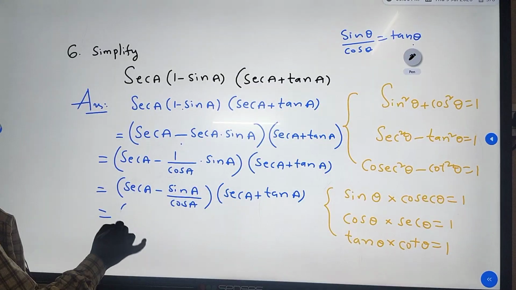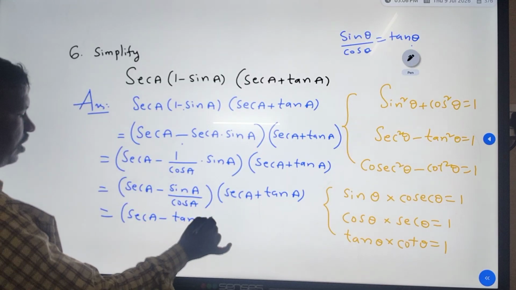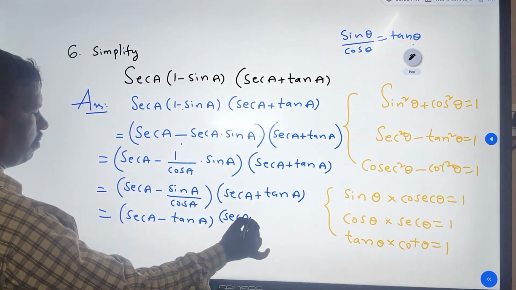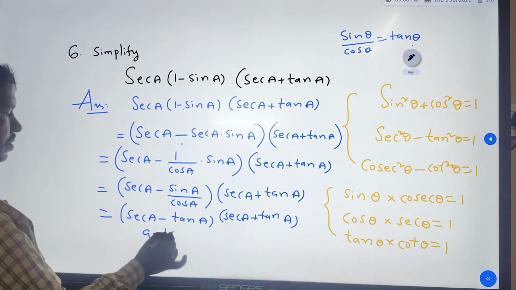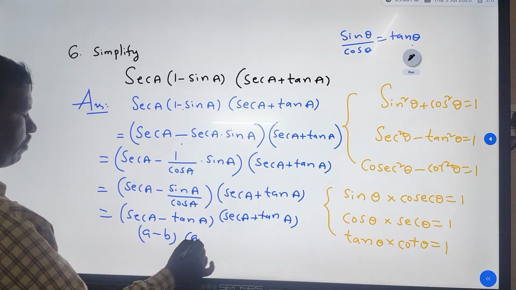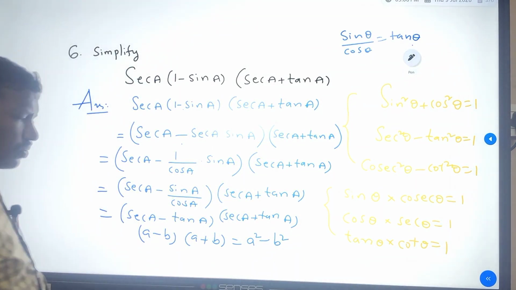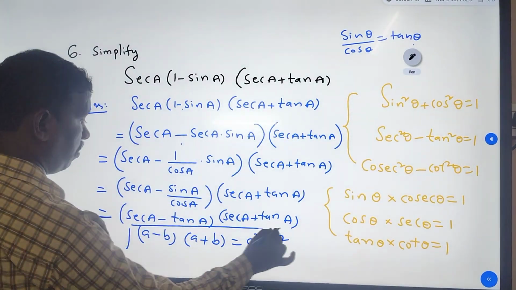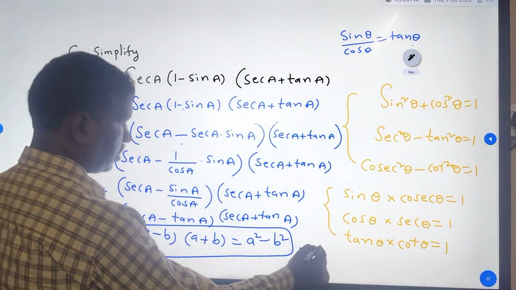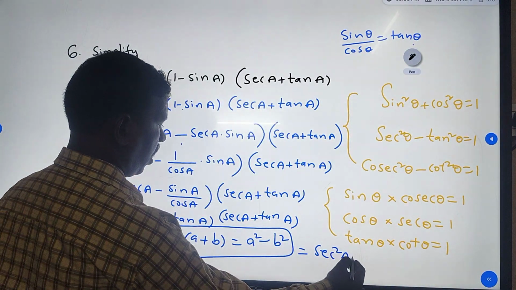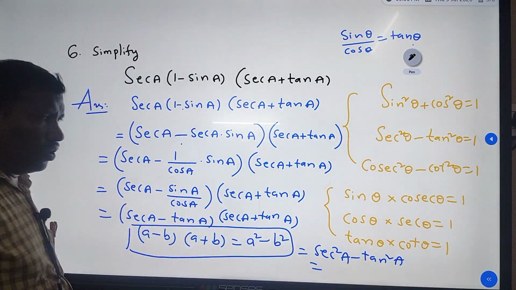Very good. Sec A minus tan A into sec A plus tan A. It is the formula A minus B into A plus B, A square minus B square. So what is A? Sec A. Sec square A minus tan square A. Do you know this formula?